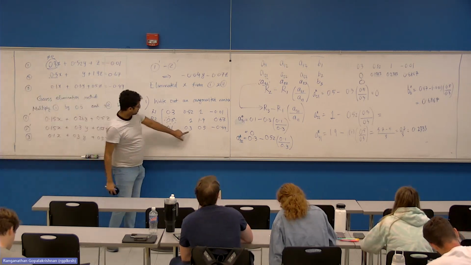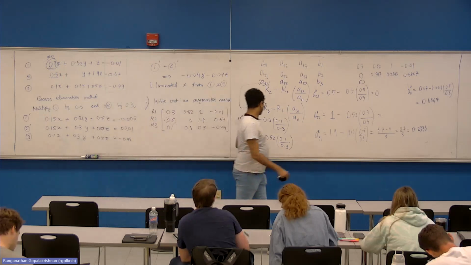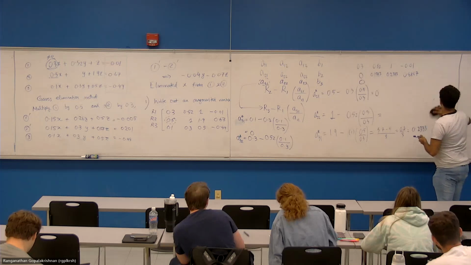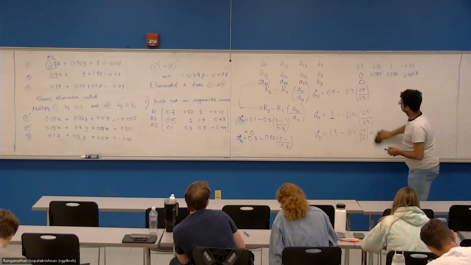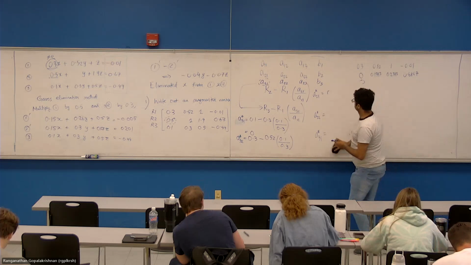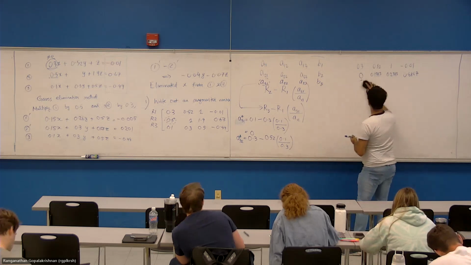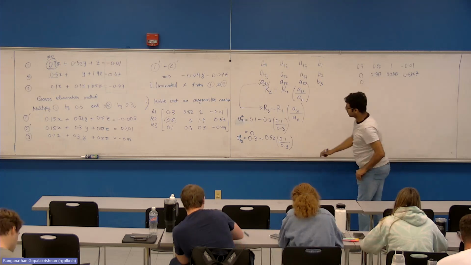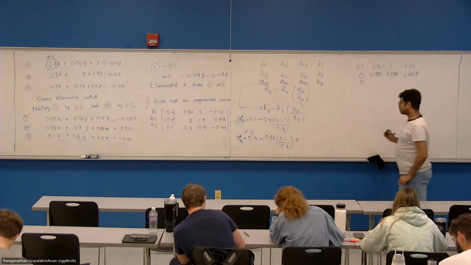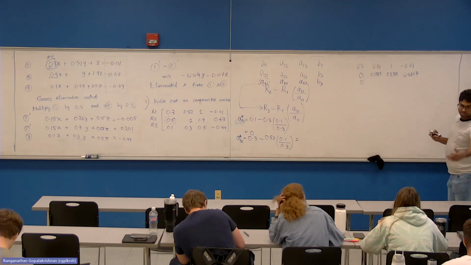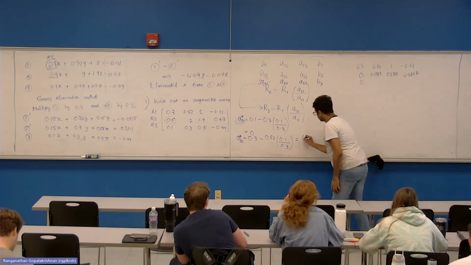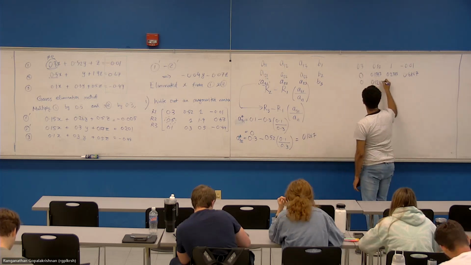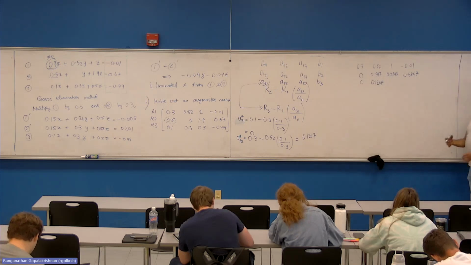What happens to this 0.3? To do this calculation, I have A32 star to be equal to what? Louder please. 0.1267.